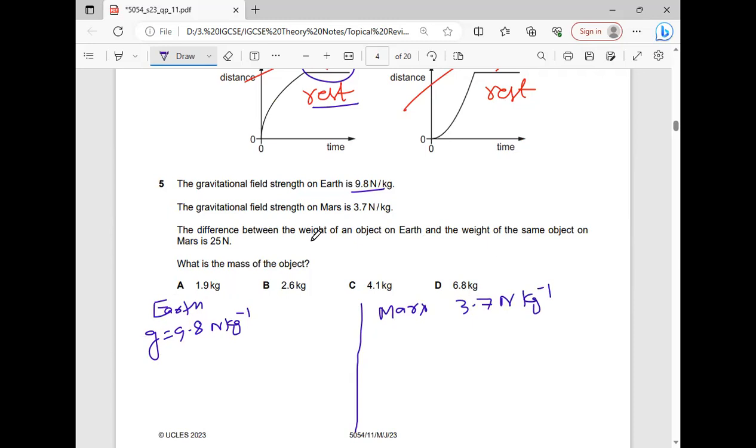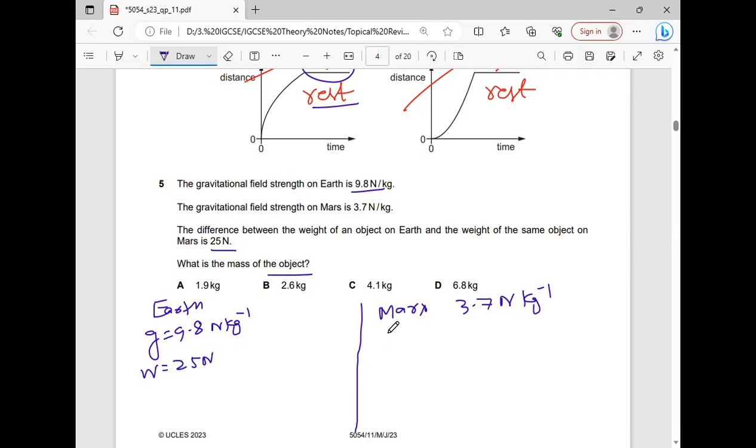The difference between the weight of an object on Earth and the weight of the same object on Mars is 25 Newton. What is the mass of the object? Now this is the value of the weight. So W is equal to 25 Newton.